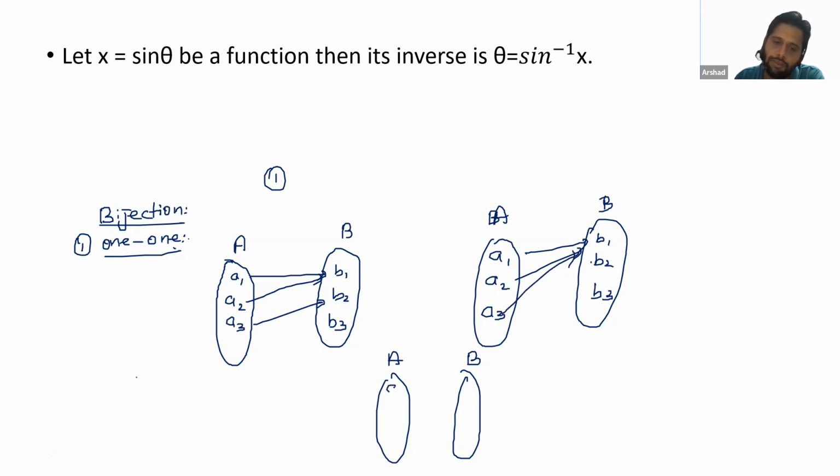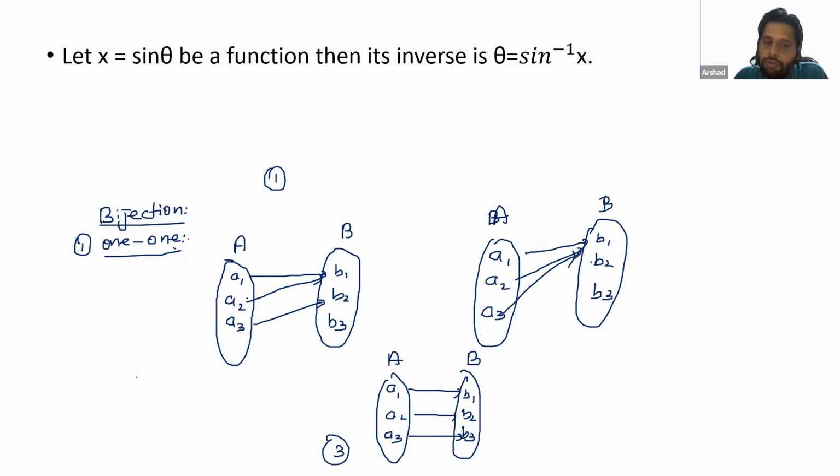Last one, A1, A2, A3, B1, B2, B3. This with this, with this, and this with this. My question was which is a one-one function. So this third one is one-one.